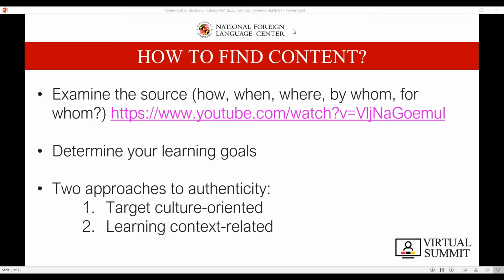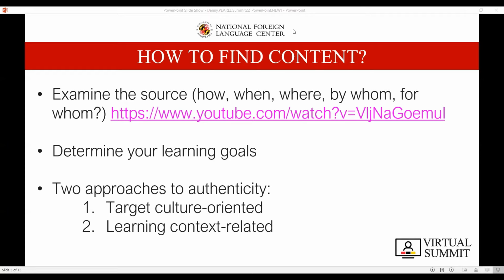So in short, when selecting content, there are two main approaches to authenticity that should be considered. First, the target culture-oriented authenticity, and second, the learning context-related authenticity. The target culture-oriented authenticity primarily focuses on text produced for the target language speakers.